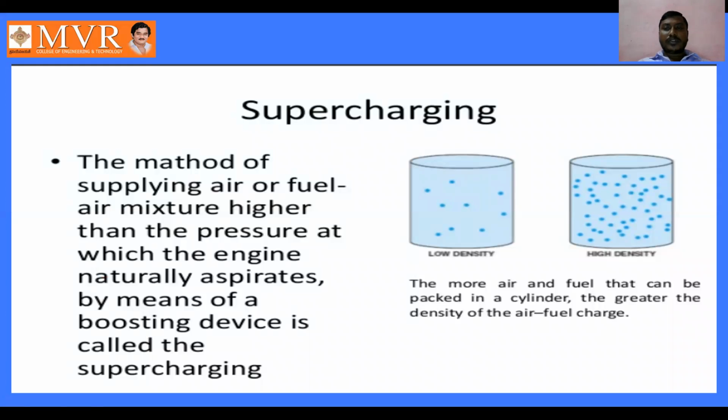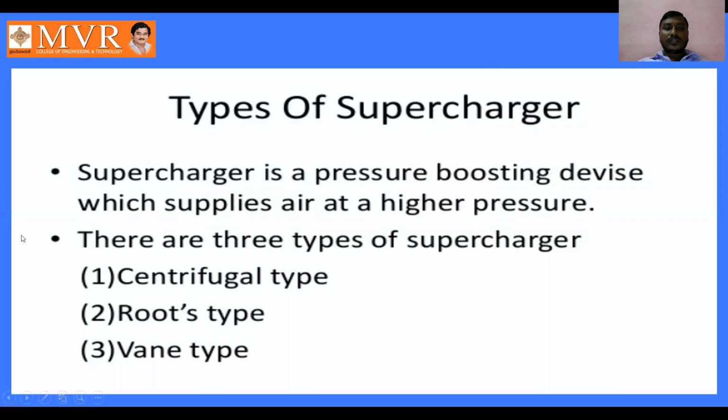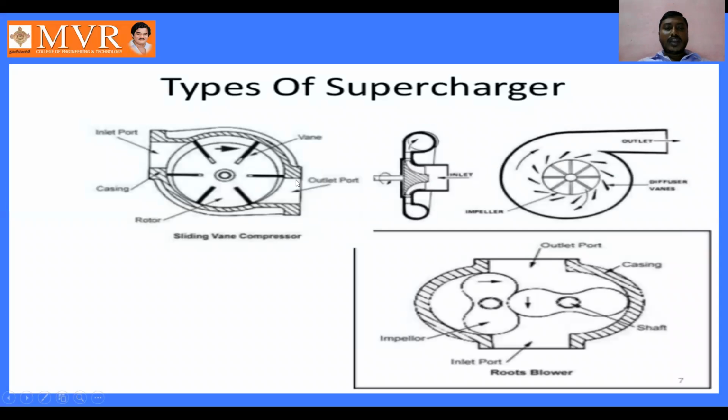These are the types of superchargers we are using here: centrifugal type, roots type and vane type. We have observed in the diagrams how the air enters the vane compressor. These are the vanes between the vanes and the rotor. So the air enters the sliding vane compressor. In between the rotor and the casing, the air is compressed.